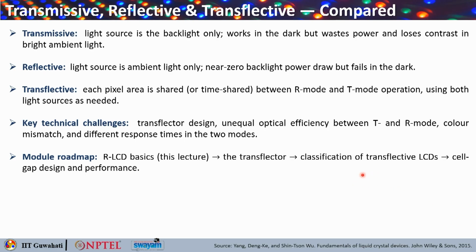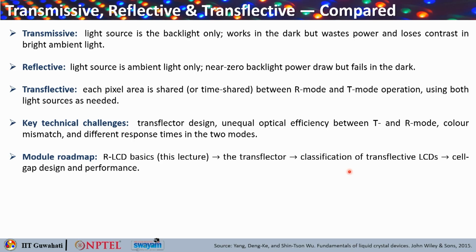So, the transreflective LCDs must satisfy both single pass, that is for the transmission mode, and double pass for the reflective mode optics within the same pixel, which is the root of almost every design difficulty that you will see in this particular discussion.